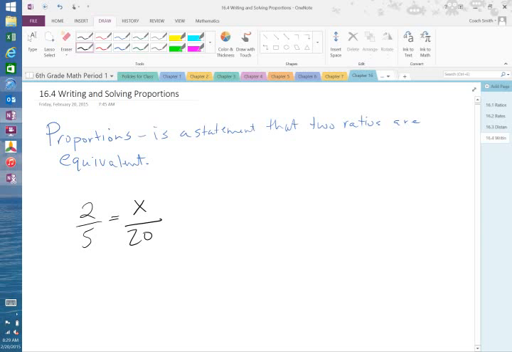So that would be your proportion: 2 over 5 is equal to a certain amount over 20.